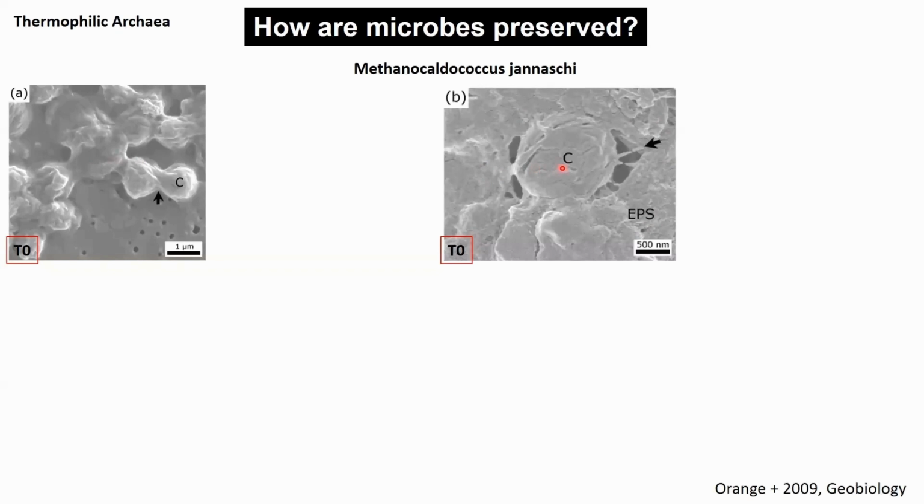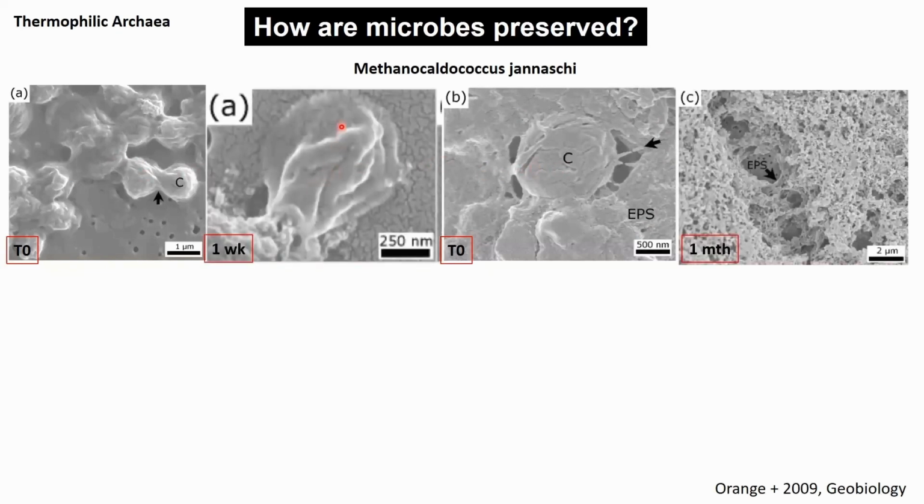So these are two images before fossilization. After fossilization, after 1 week, well, this is one microorganism. It is obviously dead. It did not like the process whatsoever. However, the EPS was fully fossilized, very easily fossilized and preserved.